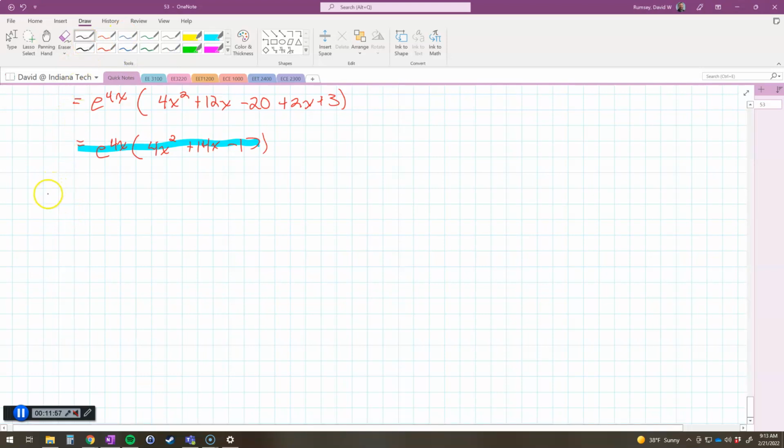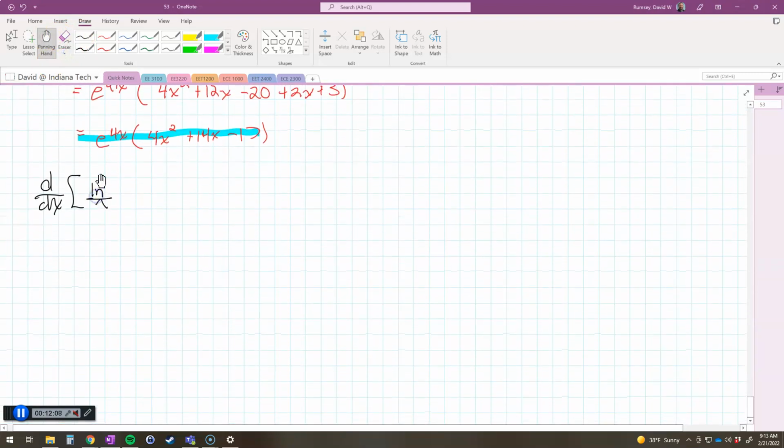So let's look at the derivative with respect to x of the natural log of x times e to the minus 5x. And then again here, this here is my f at x, and this here is my g at x.